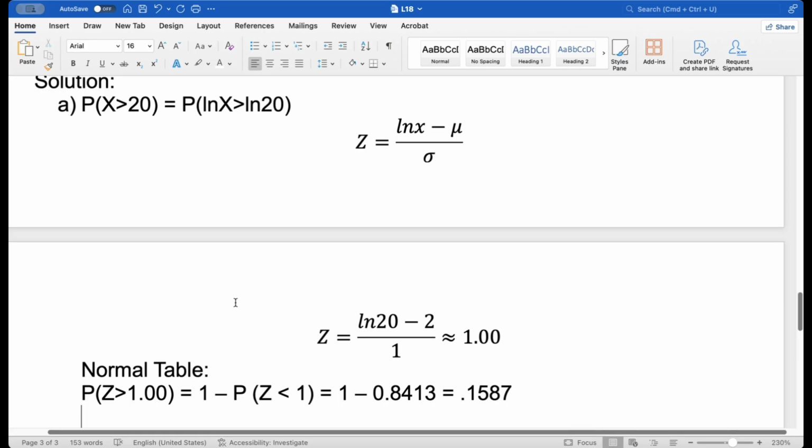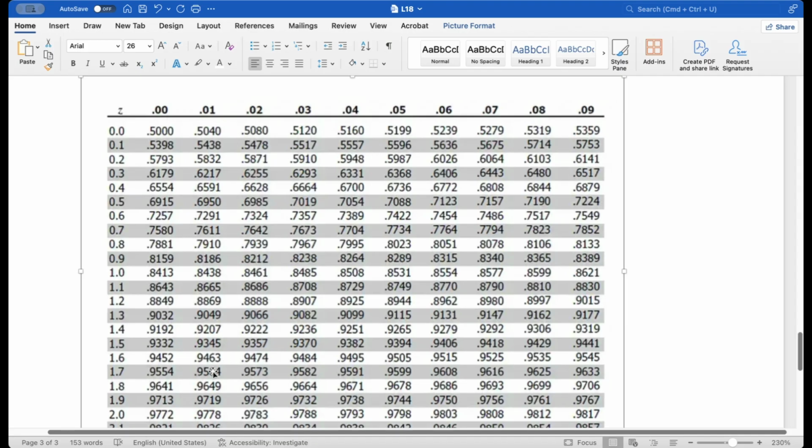It's going to be 1 minus the probability that z is less than 1. Remember, in a continuous distribution, the probability of z being equal to any specific value is 0. So it doesn't matter if we have the less than or equal to or not when we're dealing with a continuous situation.